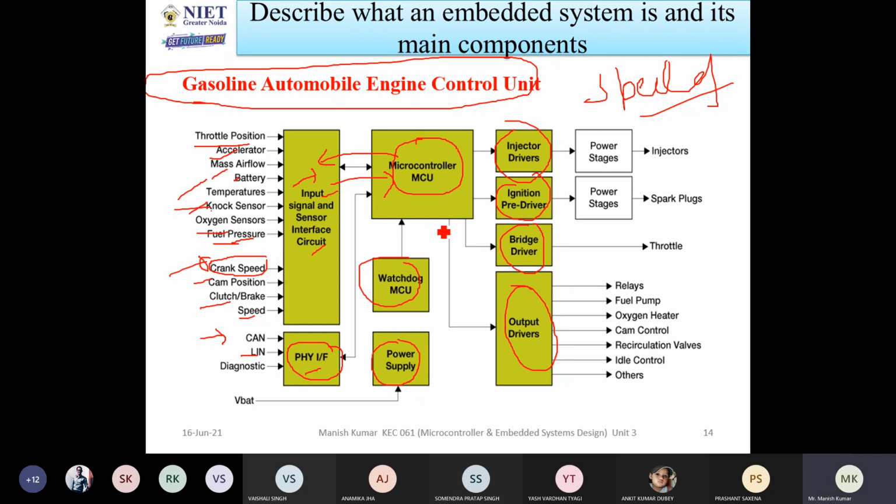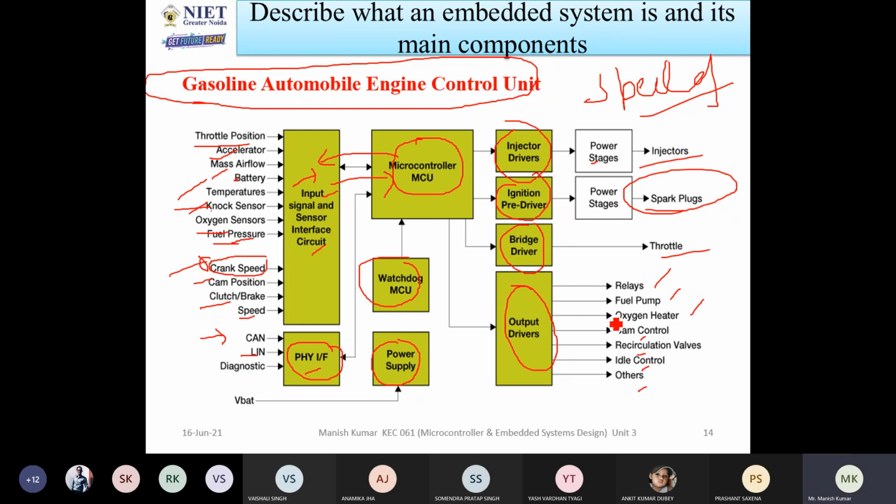Now, on the output side, one is called injector drivers. Injector drivers drive power surge injectors, and with the help of injectors you are throwing the fuel. Now the ignition driver, with the help of this, you drive the spark plug. With the spark plug, you produce the ignition and the vehicle will be started. And also the bridge driver is used for relays, fuel pumps, oxygen heater, cam control, recirculation, idle control, and others.